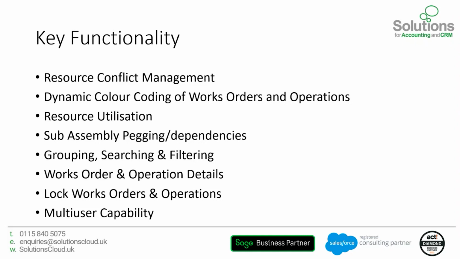So my demo data is quite tables and chairsy. If I've got legs that I'm making to go against a desk, if I'm going to finish making my legs late, that is automatically going to impact on when I can start making and finish making the desks.